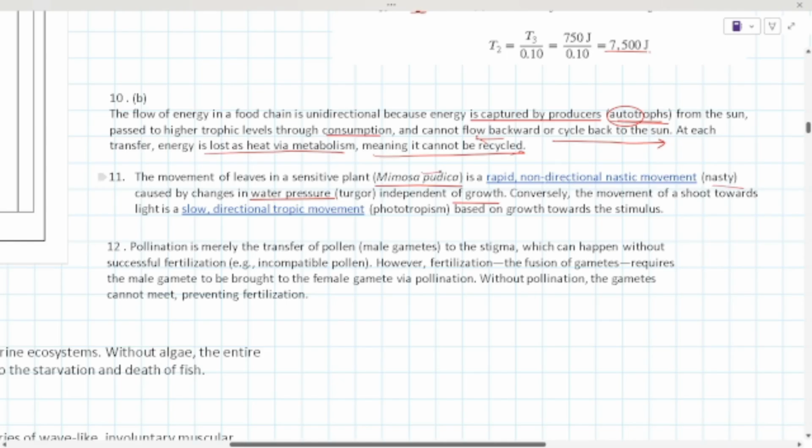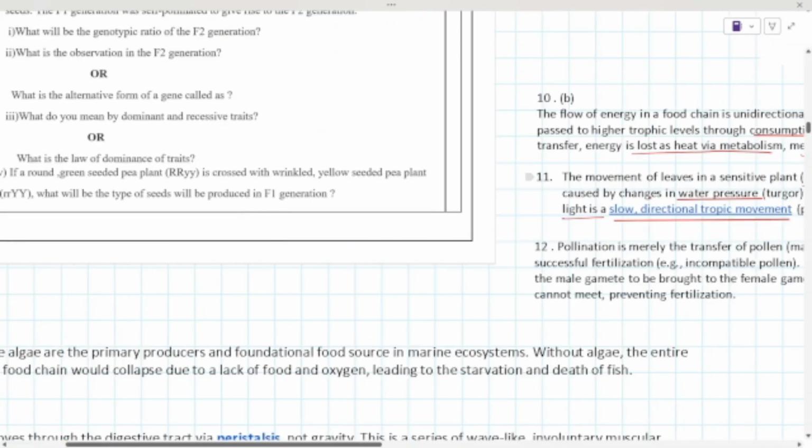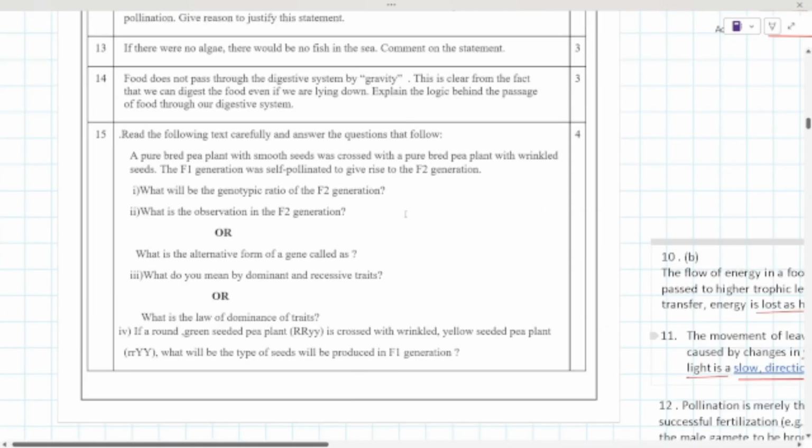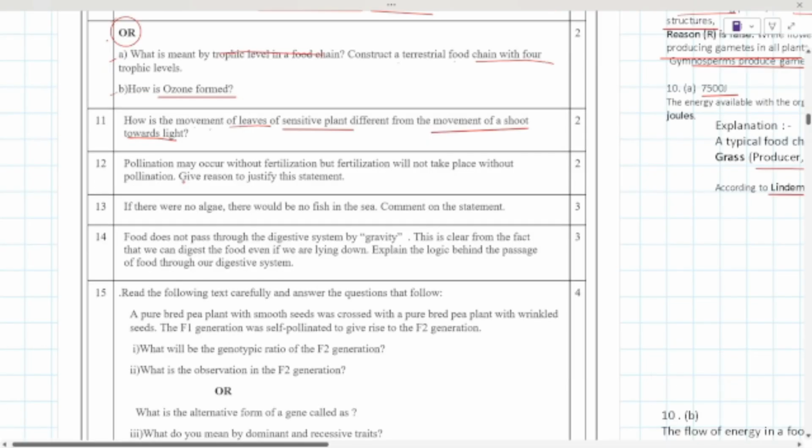That is the touch-me-not plant. And conversely, the movement of a shoot towards light is a directional tropic movement, that is phototropism, based on the growth towards the stimulus. Is it clear? Now let's see the next question.